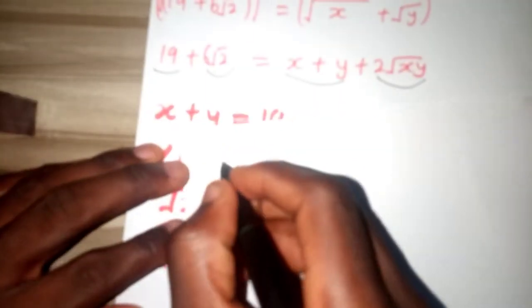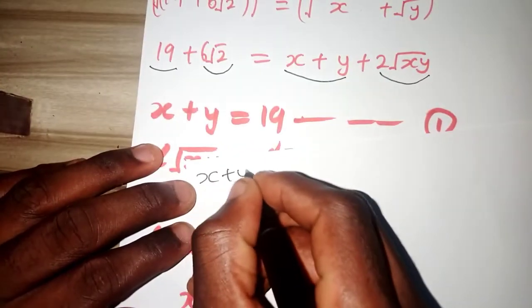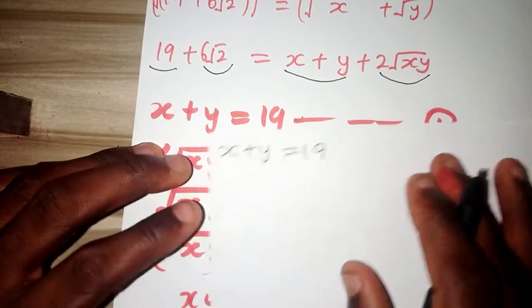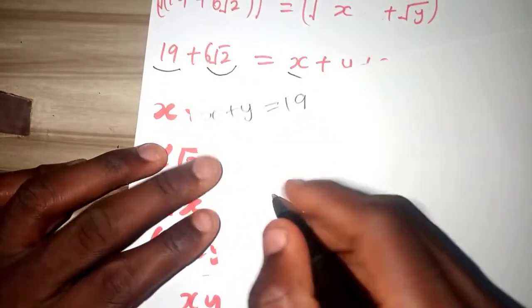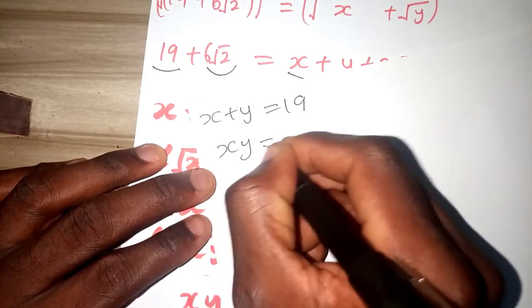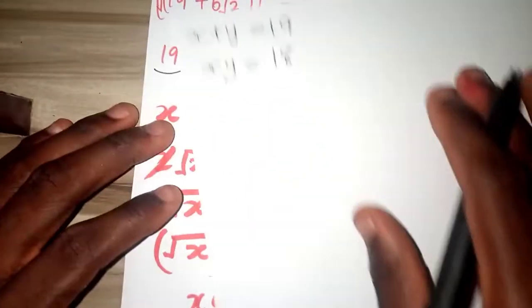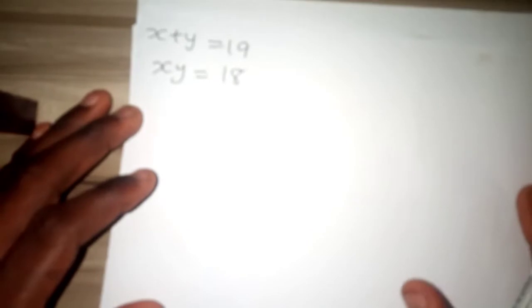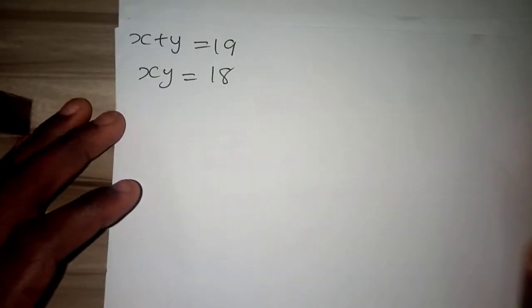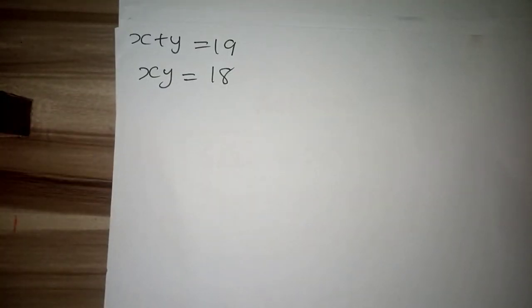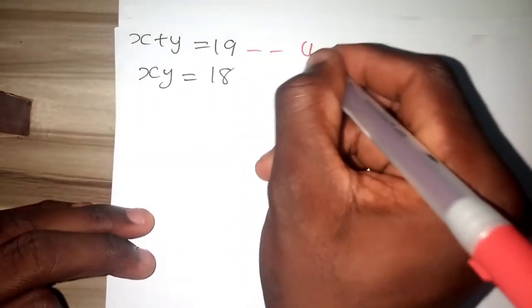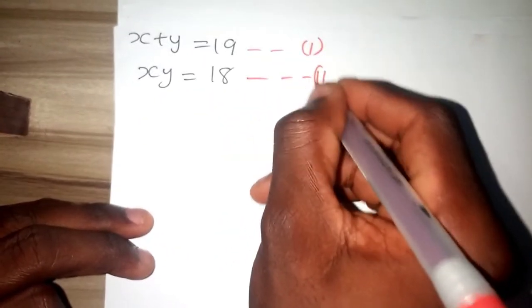Our first equation is x plus y equal to 19 and the second is xy equal to 18. Okay, so let's start. Before you can do something like that, you need to find a way to solve this. So far this is our equation 1 and this is our equation 2.